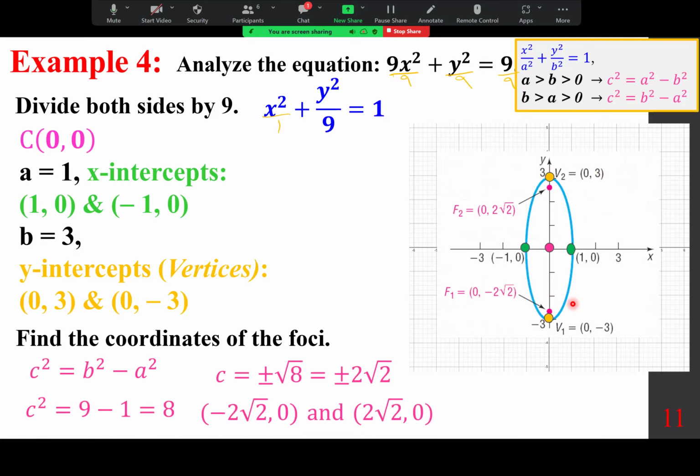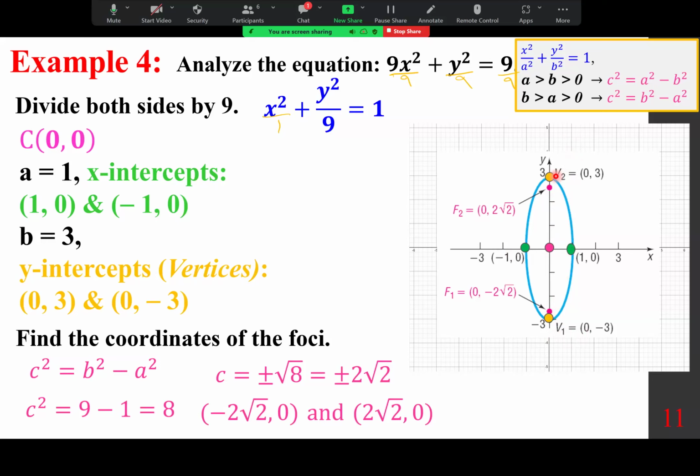So that's the graph. This graph has the center, the x-intercepts, the y-intercepts that are also the vertices, and the location of the foci.